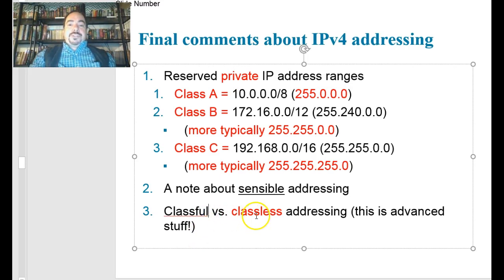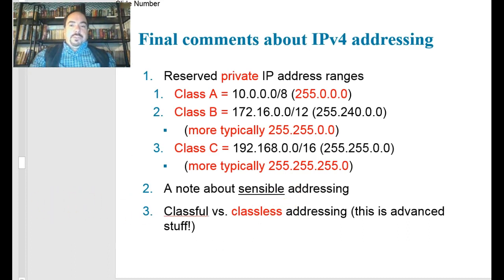Now, classful versus classless. Classful means that the subnet mask is going to end at a decimal. Classless addressing is going to steal some bits from one side or the other.